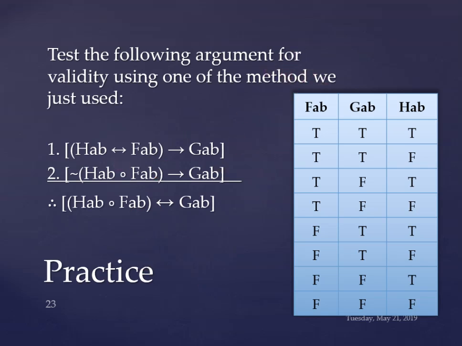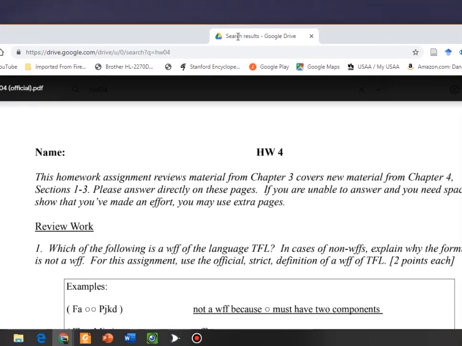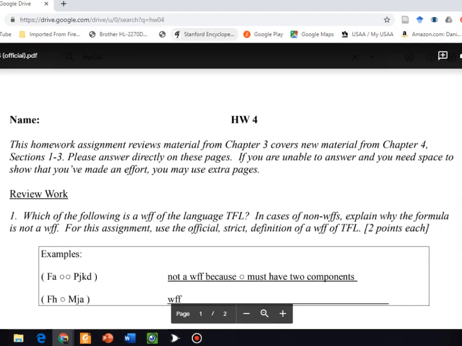What I do want you to worry about, though, and we'll talk about this, is the homework. Let's get that pulled up here. Homework 4. Let's take a look at this now.